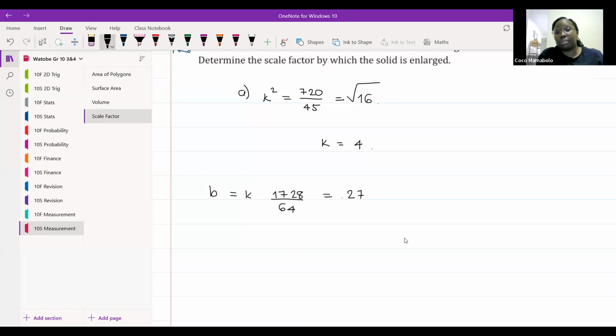Our B over here is K cubed. Oh, I put the equals on the wrong side. Right, this is K cubed. So in order to find K, we still need to take the cube root of that. So the scale factor we're actually looking for is 3. All right, it is exactly 7 o'clock on the dot.